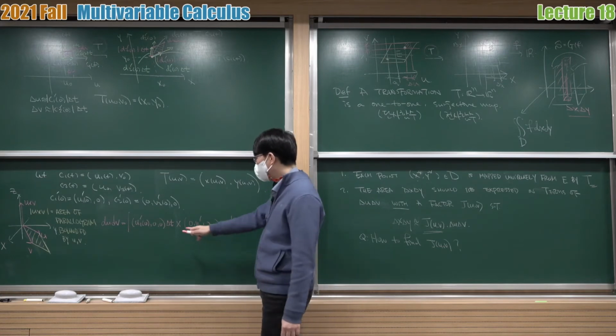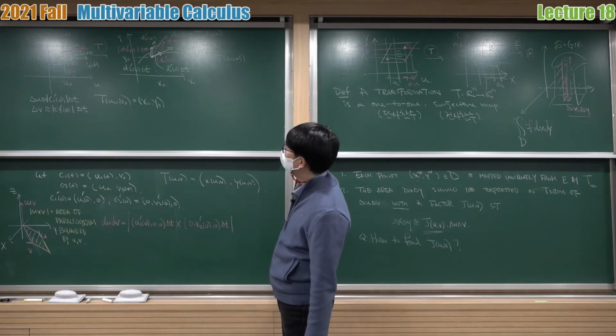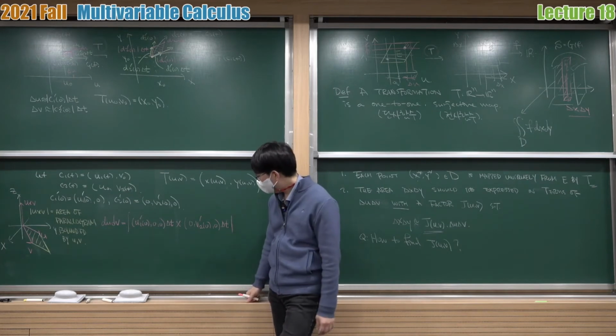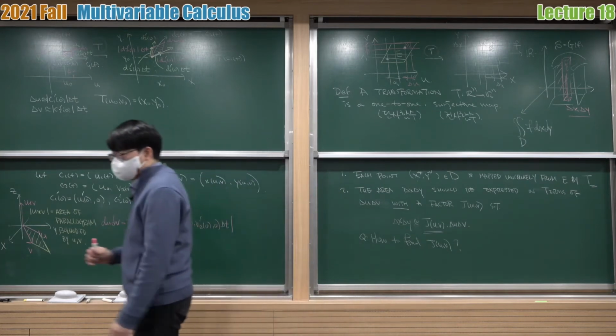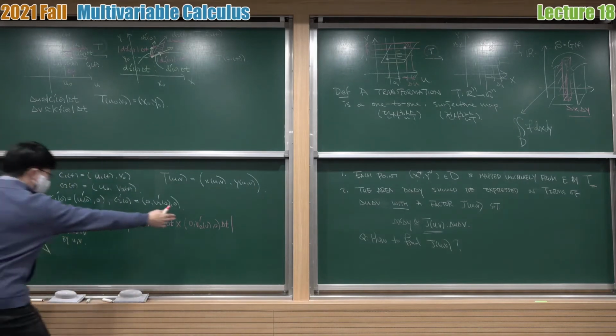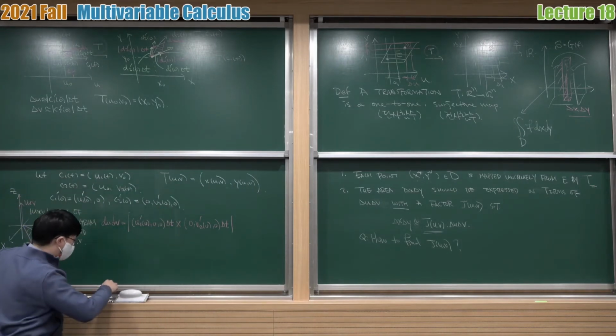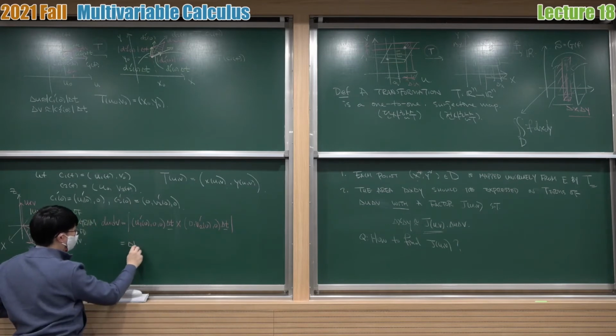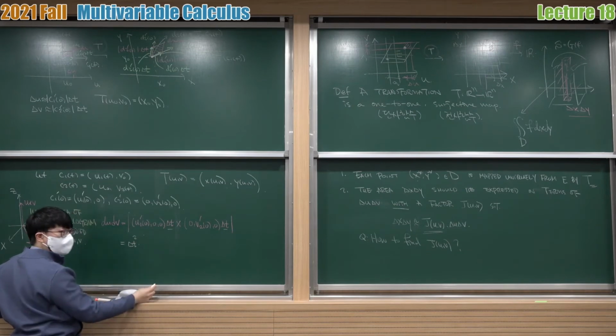Is that delta t? Yes, delta t, right? Let's take the cross product of the two three-dimensional vectors. We have delta t in both, so we can take that out. And if you take the cross product, did I mention how you take the cross product?